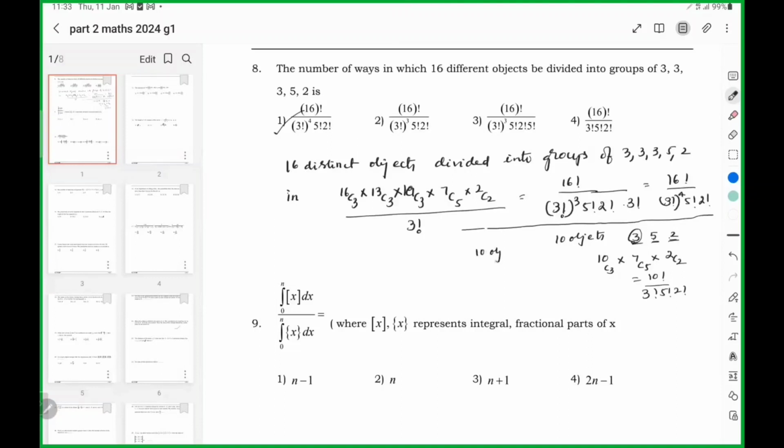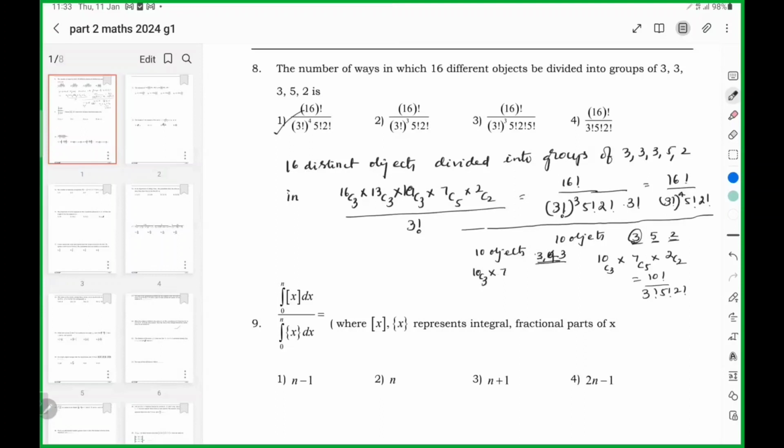Suppose 10 objects you are distributing into 3 distinct groups as 3, 4, 3. Then any 3 objects you can select in 10C3 ways.